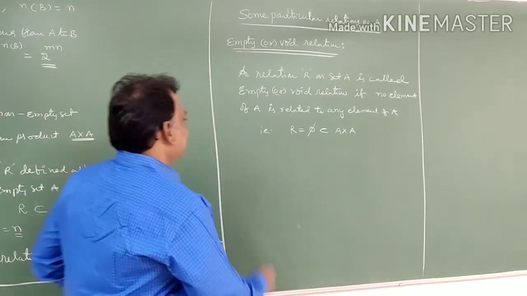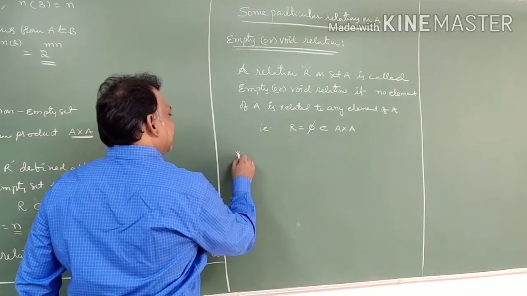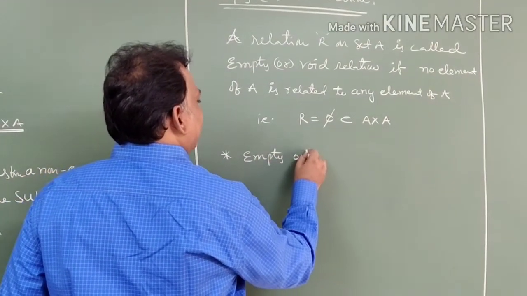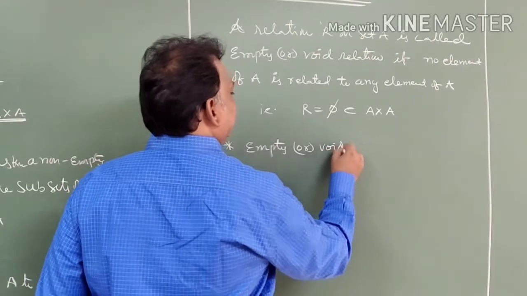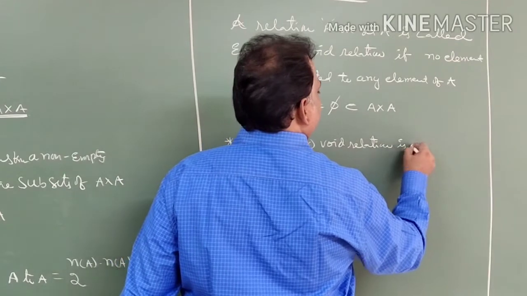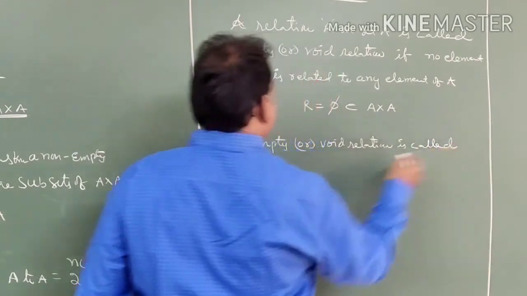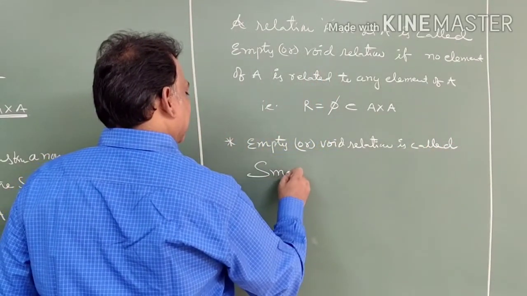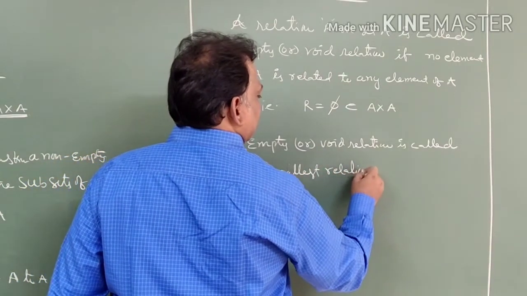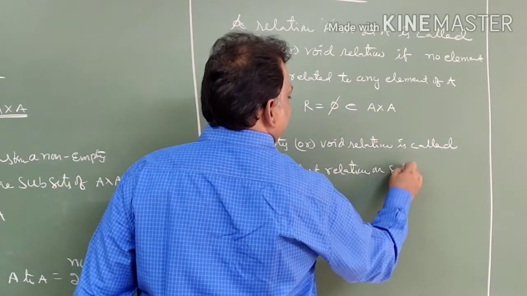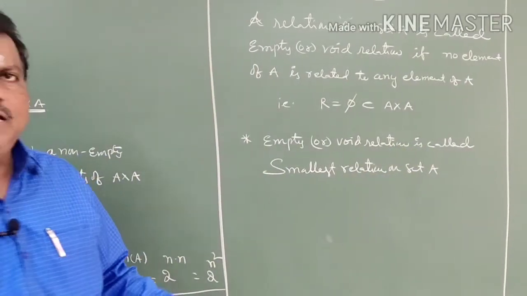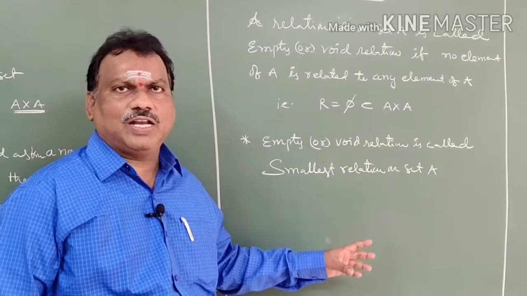That's why the empty or void relation is called the smallest relation on set A. Than this we don't have any other smaller relation.